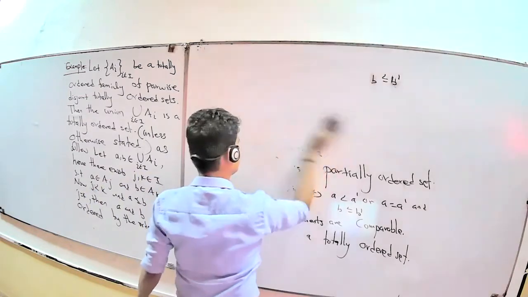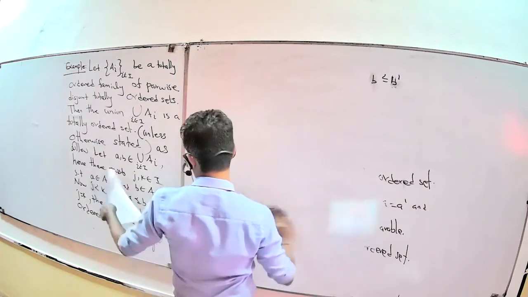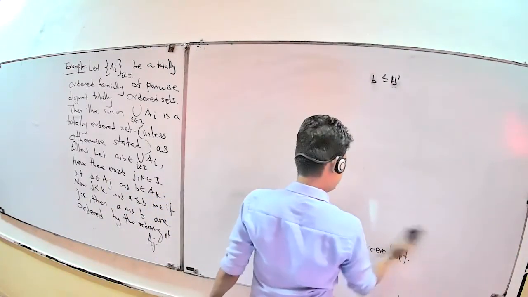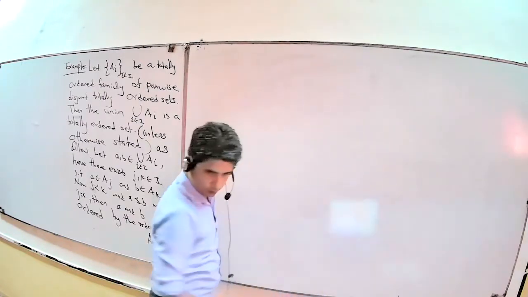Okay, this part you can do it, right? This example: the union of totally ordered sets is a totally ordered set.